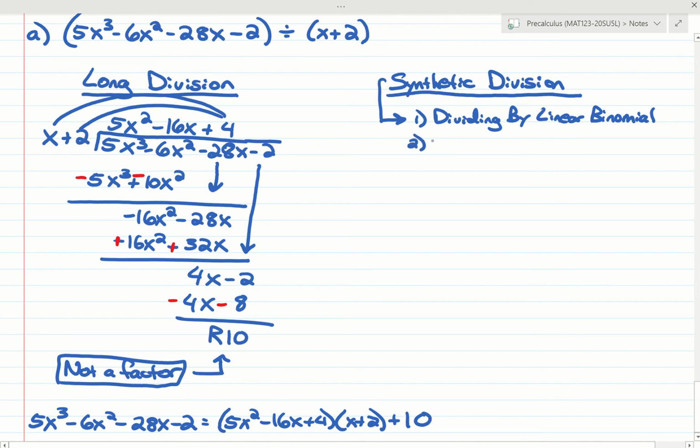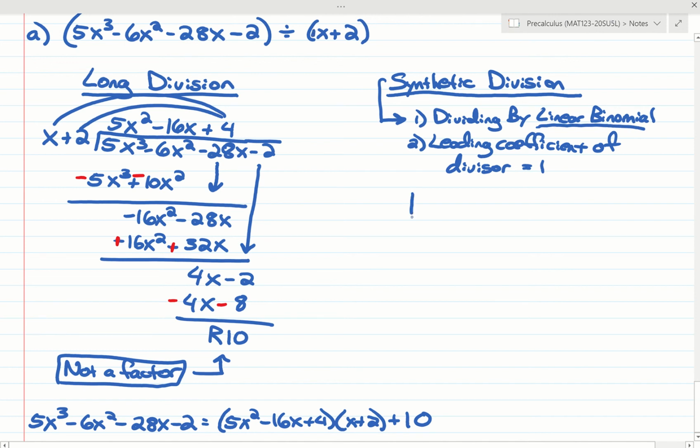Second condition is the leading coefficient of the divisor has to be 1. So in this case, our divisor is x plus 2. It is a linear binomial, and the leading coefficient is 1.